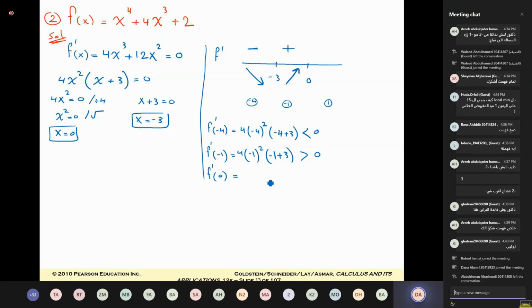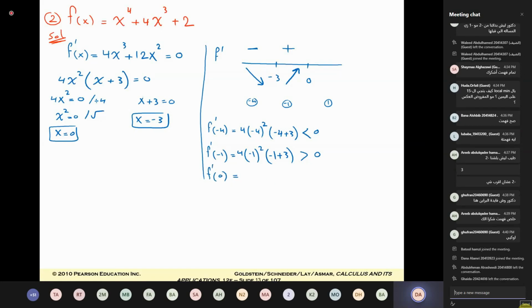Continue. At 1, sorry, not 0, 1. We have 4 multiply 1 square and 1 plus 3, all of these positive, so we have positive from here. So increase.